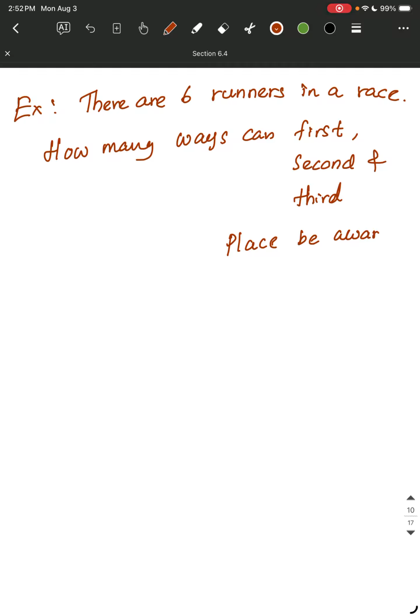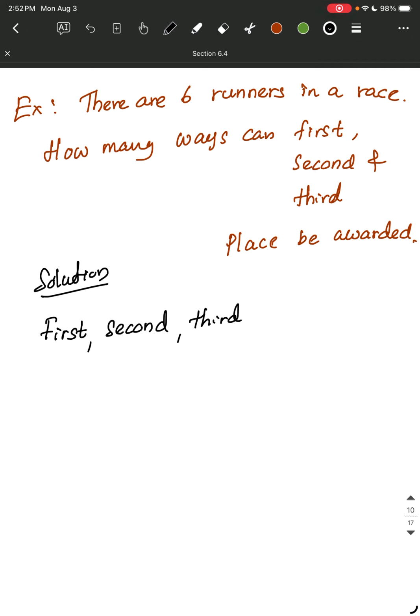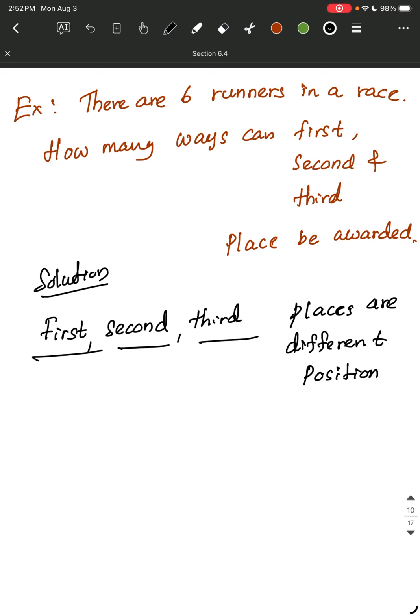Think about it: first place, second place, and third place are different positions. Therefore, order matters.